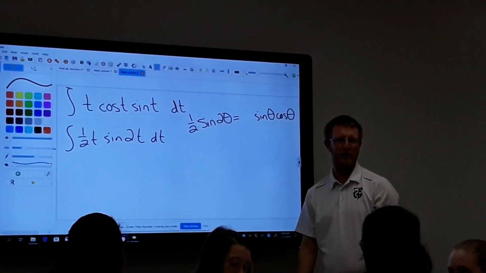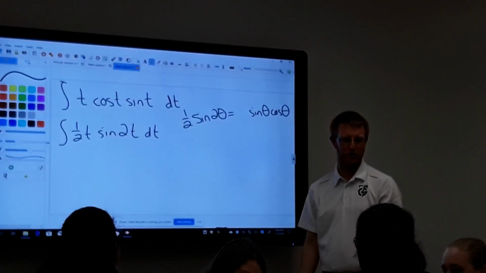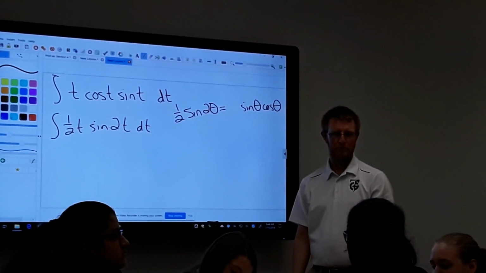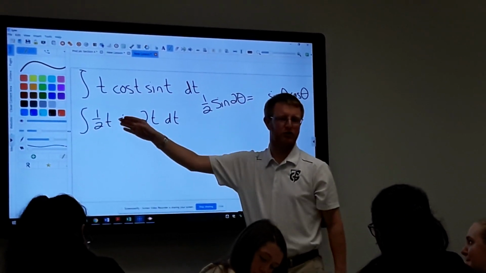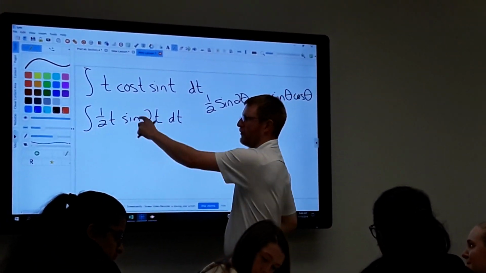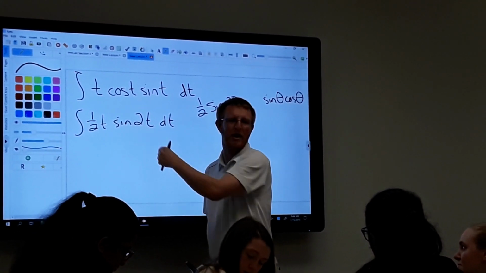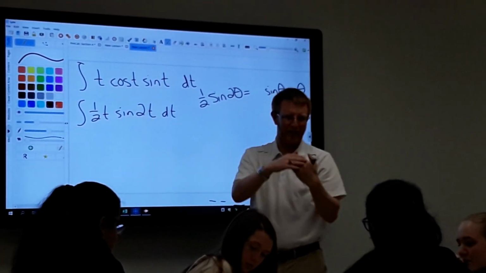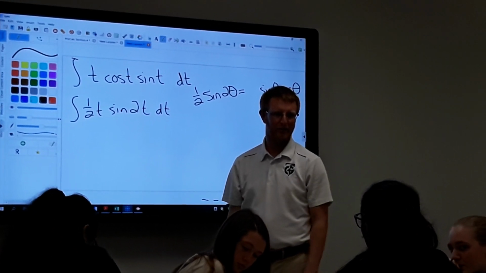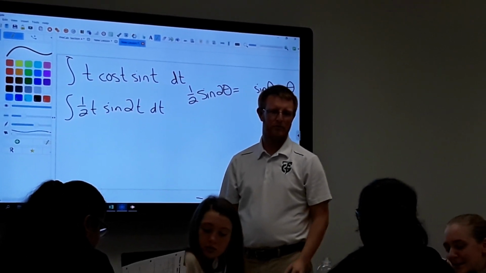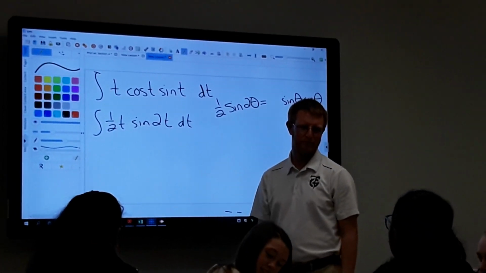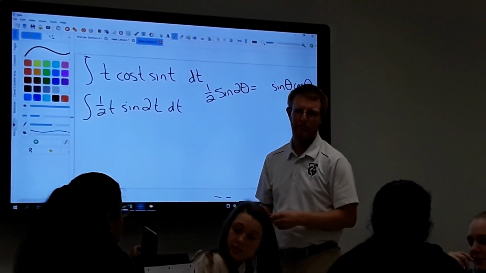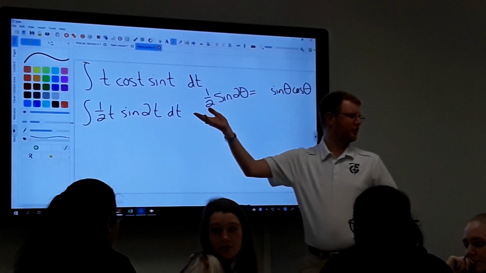It's basically the reverse chain rule. When I take the derivative of something with 2t in it, I end up with a 2 out front. Because there's nothing out front right now, I've got to compensate when I retake the derivative to get rid of it. It would be sine of 2t divided by 2, or 1/2 sine of 2t. So you can probably do integration by parts from there, no problem.